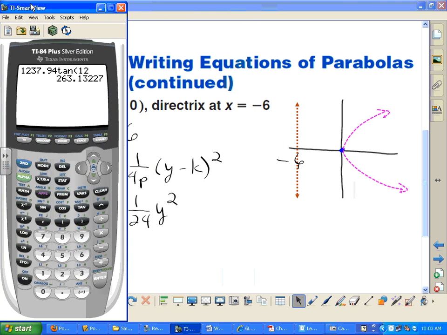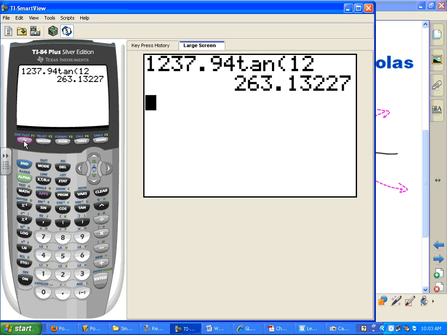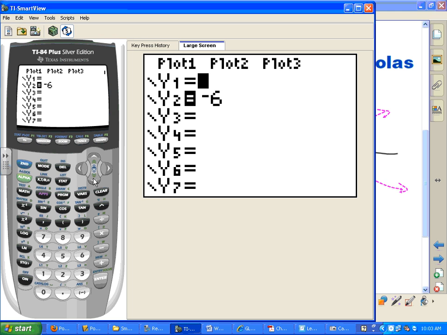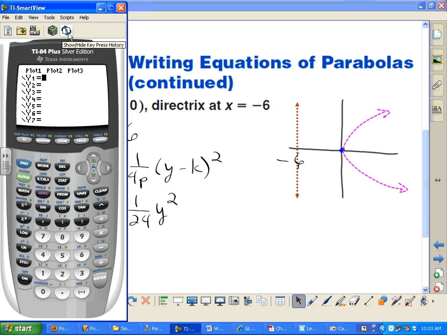So go to your y equals, and I'm going to make this bigger, right? And put in as if it was a y equals. So we're going to put in y equals, what was it? 1 over 24 x squared. So y equals, and you could use your fraction if you want here, 1 over 24, or just 1 divided by 24, and then x squared.